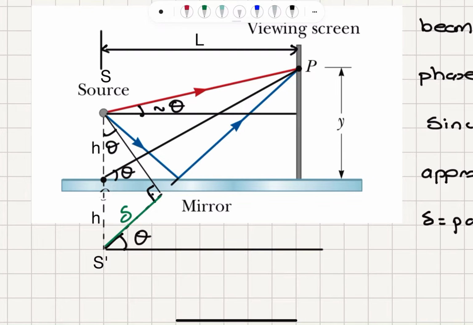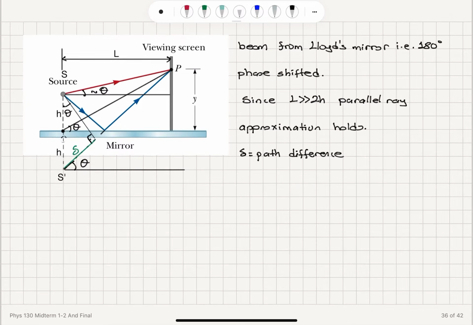Then, 2h sine theta is the path difference between these two, occurring right here, and then the two rays are traveling the same distance. So that path difference, delta, is equal to 2h sine theta.